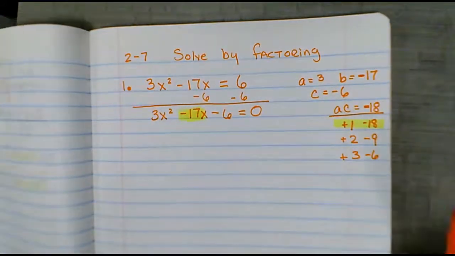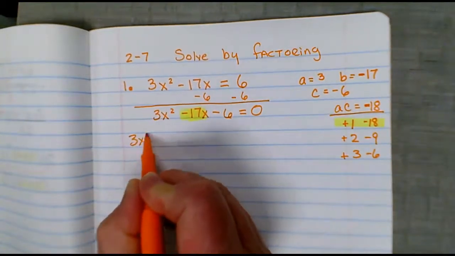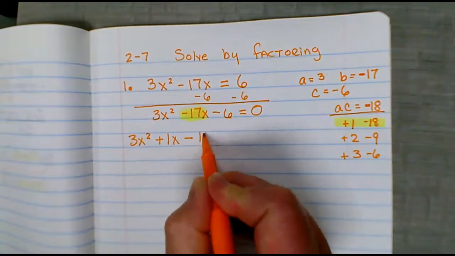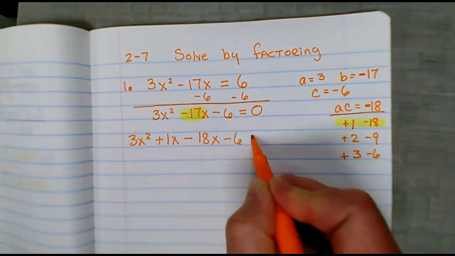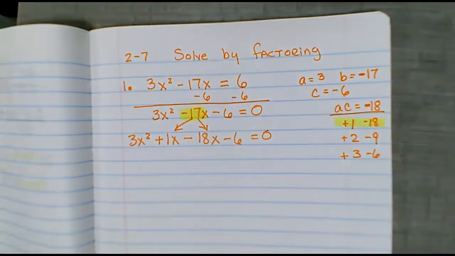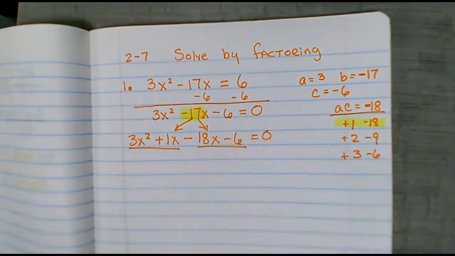And since the A is not 1, we have to factor by grouping. And so the 17 becomes those 2 terms. Is this familiar? So that we can factor by grouping.